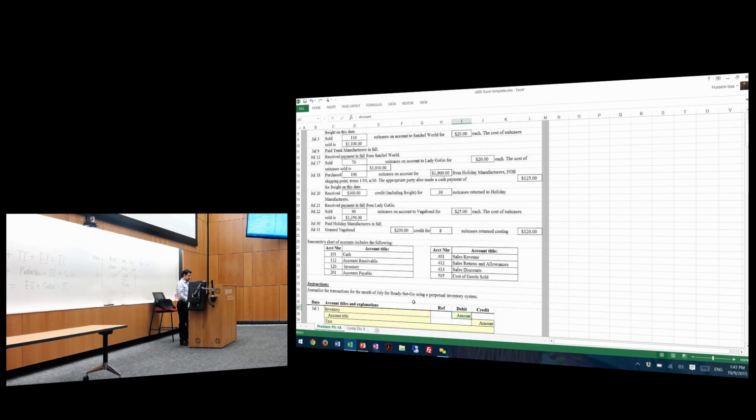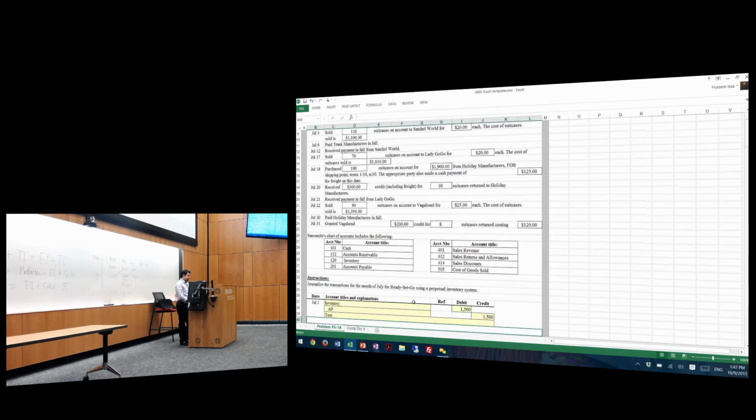I'm going to do it this way: 150 multiplied by 10. And the next account, the account that was credited, is accounts payable, the same amount. The explanation is purchase of merchandise. You can put purchase of merchandise, 150 suitcases, if you want to specify, because sometimes they have more than one product.